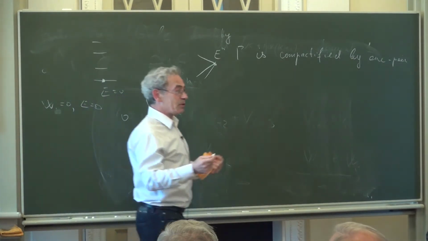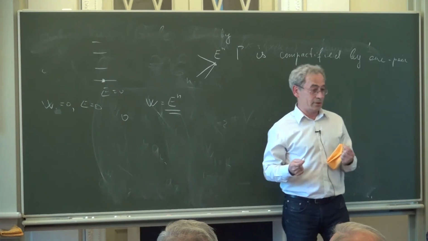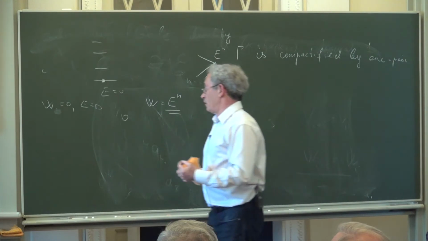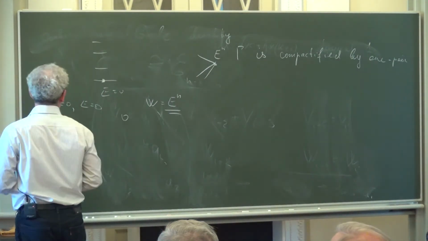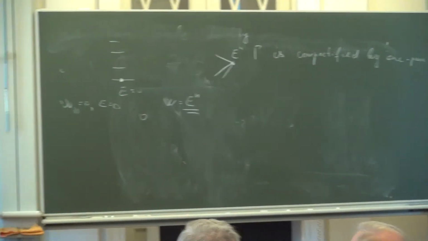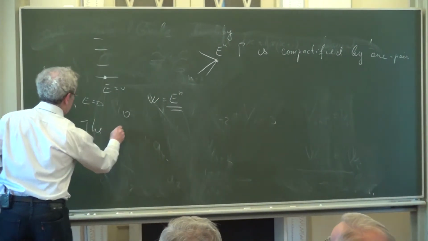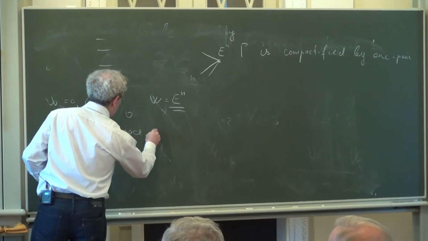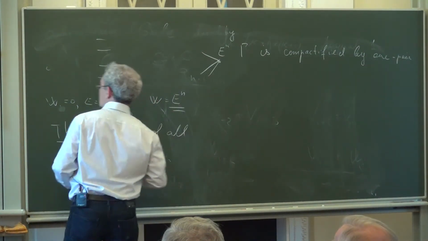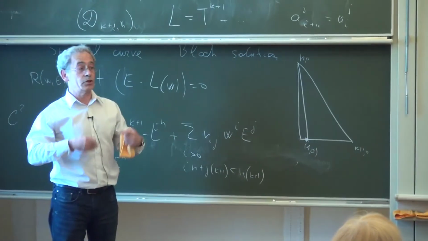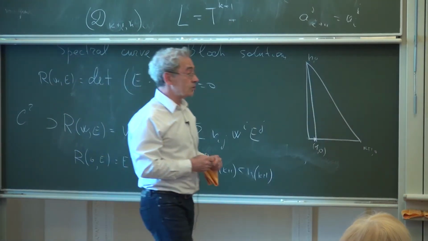This is a typical situation for the 2D Toda lattice, 2D Toda equation. And the statement is that, I'll show you the example. So the theorem is that the space of all operators, which is just a linear space of dimension kn, is fibered over the space of such curves with a fiber which is a Jacobian. So it's a typical structure.